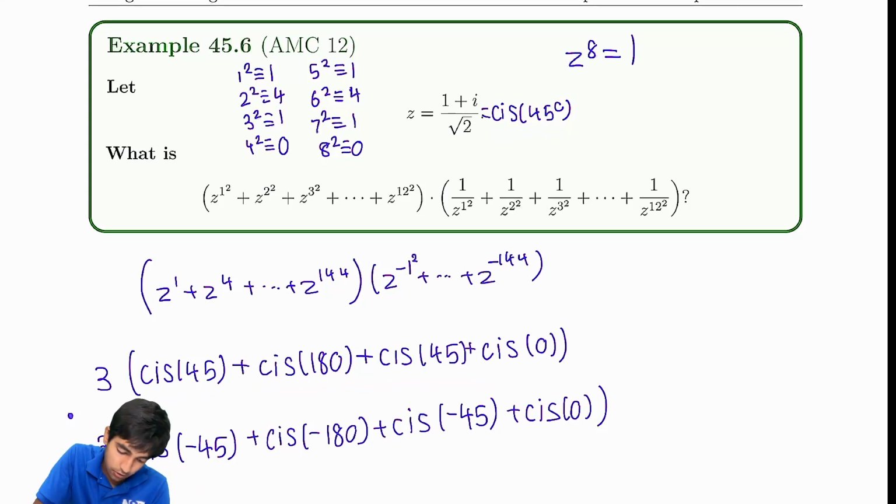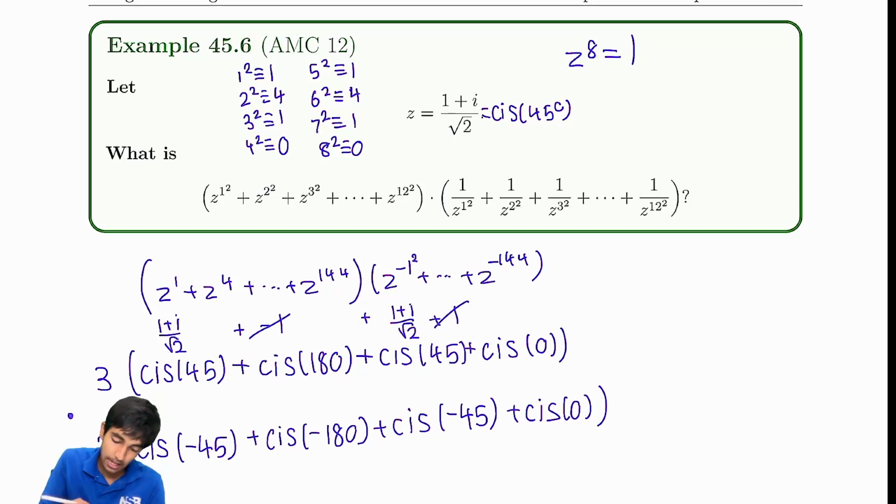Cis 45 is just 1 plus I over root 2. Cis of 180 is cosine 180, which is negative 1, plus I sine 180, which is 0. And then again, 1 plus I over root 2, and then just 1. These terms nicely cancel. And this is something very similar, except because we're dealing with negatives, now it's going to be just a little bit different.